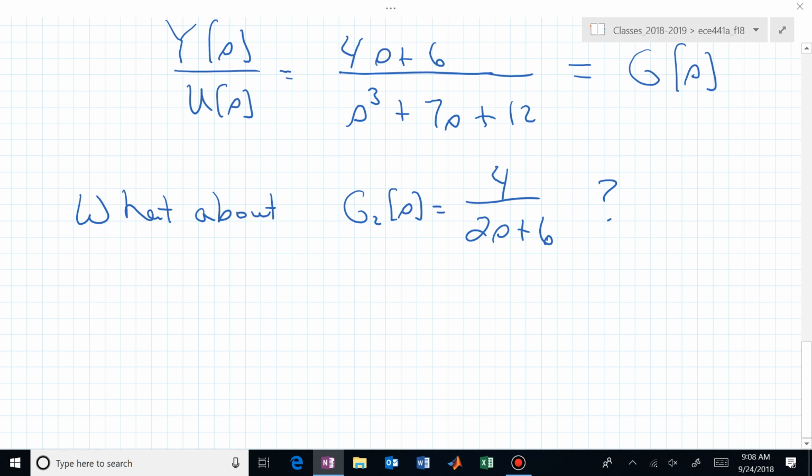In the second one, in G sub 2 of s, what's the order of that system? First order. You're looking at 1 state variable, 1 integrator in an all-integrator block diagram. What about the numerators of those 2 transfer functions? Are they different in any way?